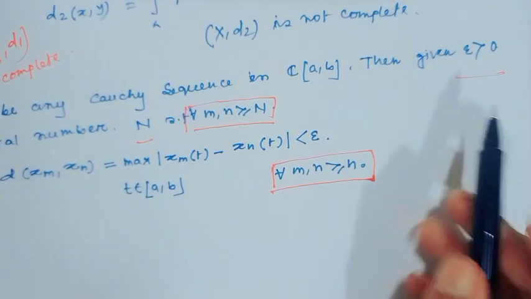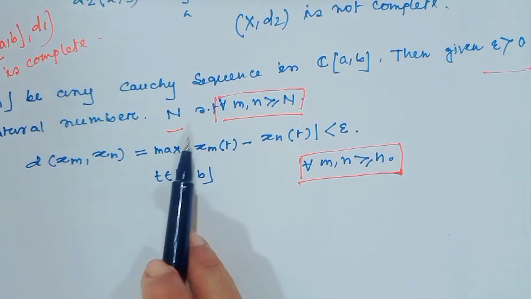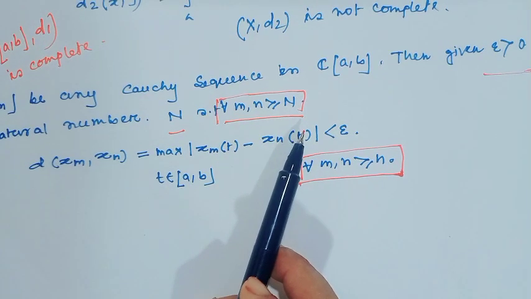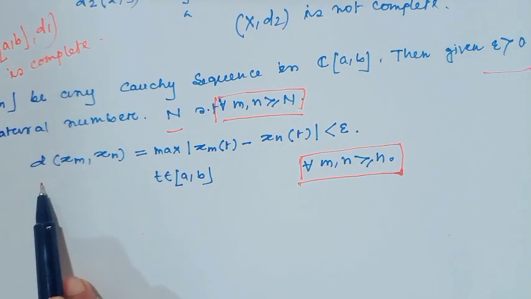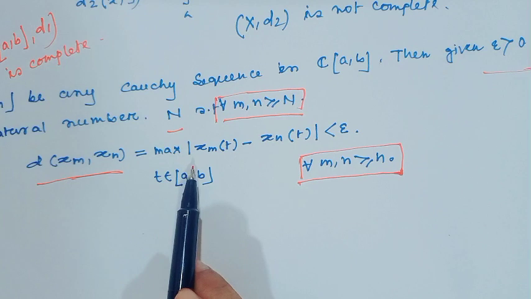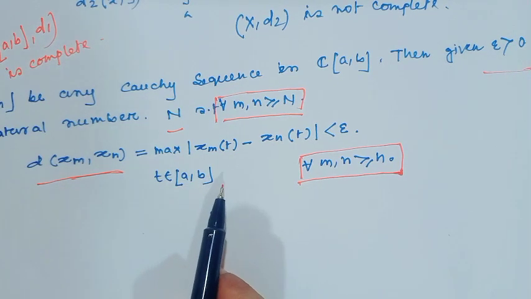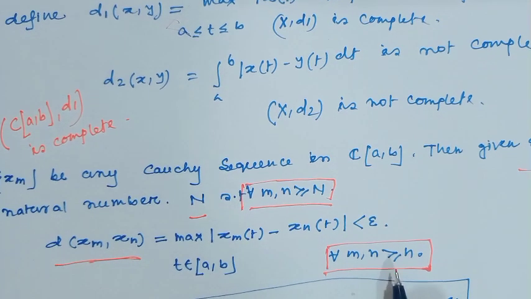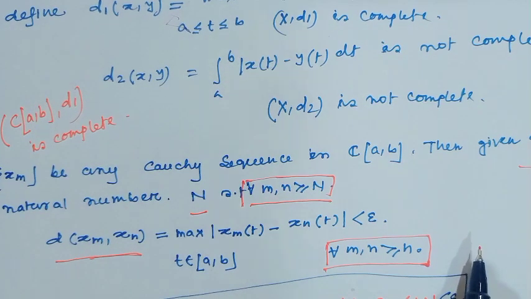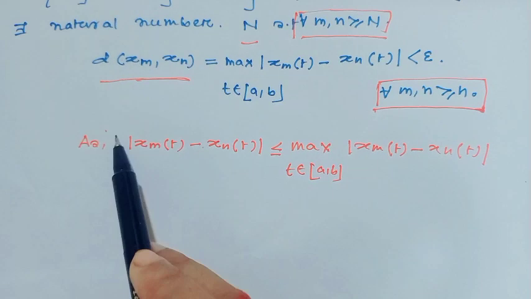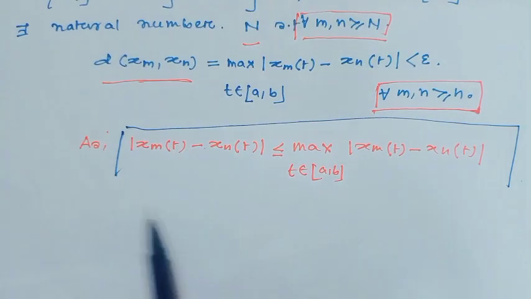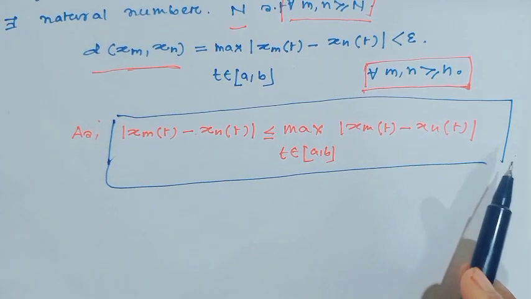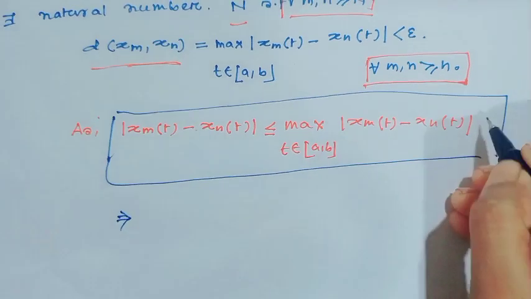Then, given epsilon greater than 0, there exists a natural number N such that for all m, n greater than or equal to N, the distance between x_m and x_n, which is the maximum over t belongs to closed [a, b] of absolute value of x_m(t) minus x_n(t), is less than epsilon.